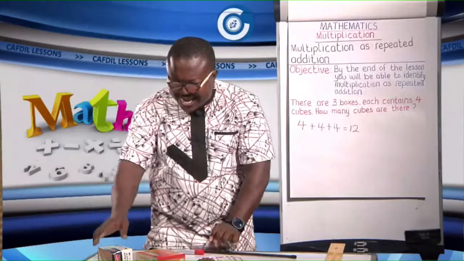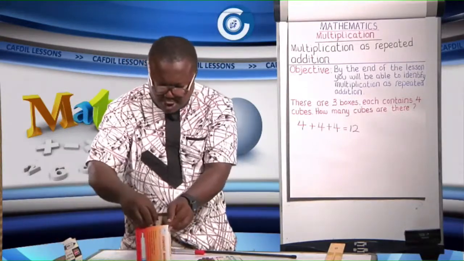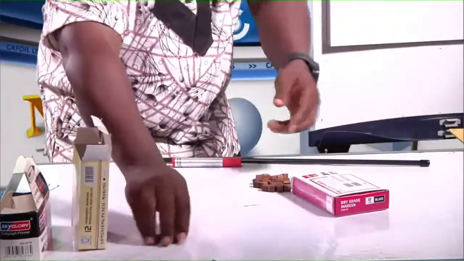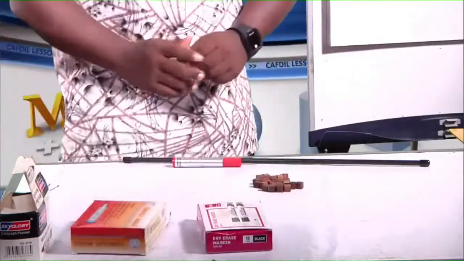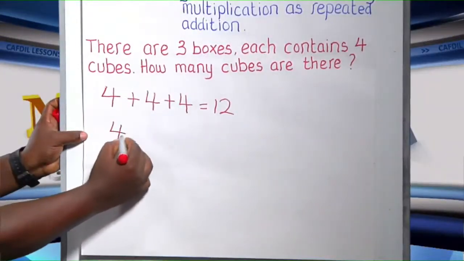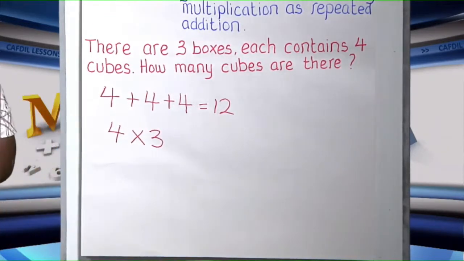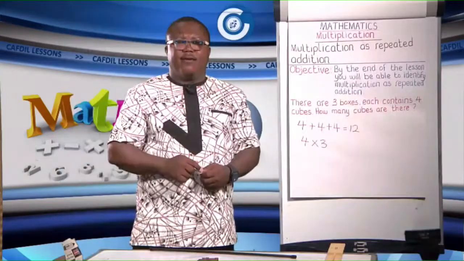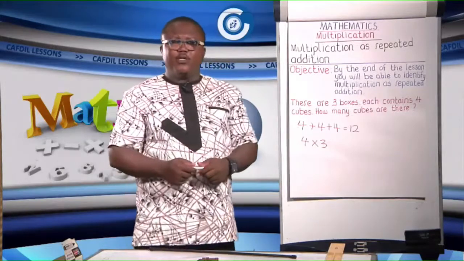So in this case, 4 cubes in the first box, 4 cubes in the second box, and then 4 cubes in the third box. So 3 boxes. So here we can write it as what? 4 times 3. And 4 times 3, what will be the answer?